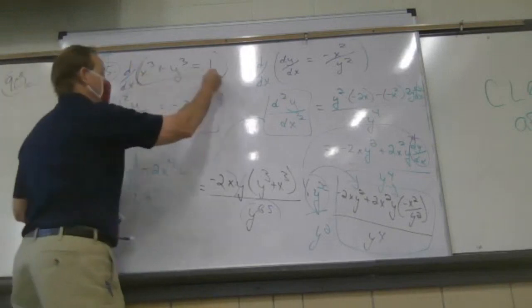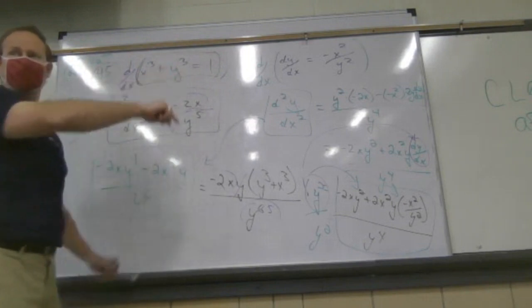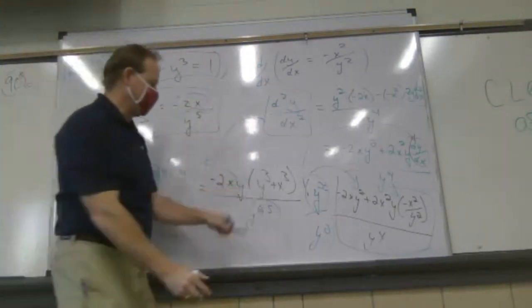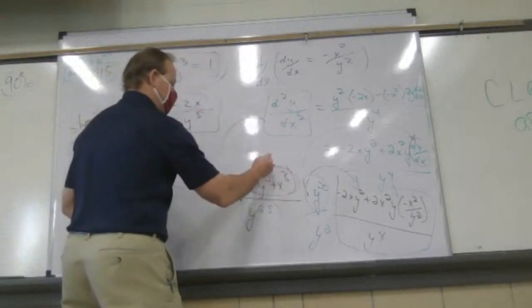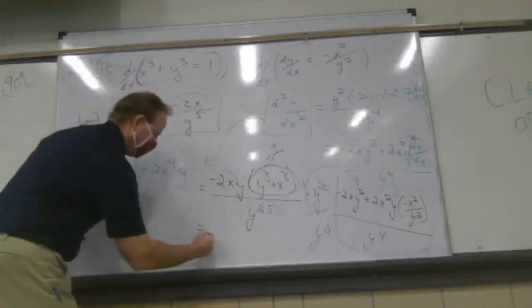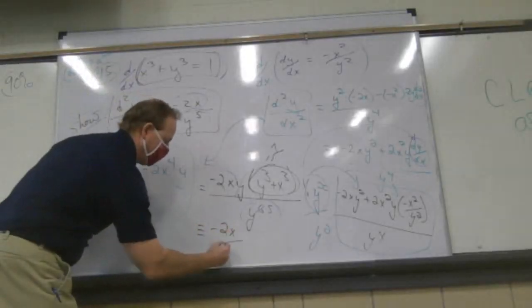Well, before I took the derivative, I had my original function that said x cubed plus y cubed equals 1. So instead of x cubed plus y cubed, I know that equals 1 because it was given. And then what do you end up with? This is equivalent to minus 2x over y to the fifth.